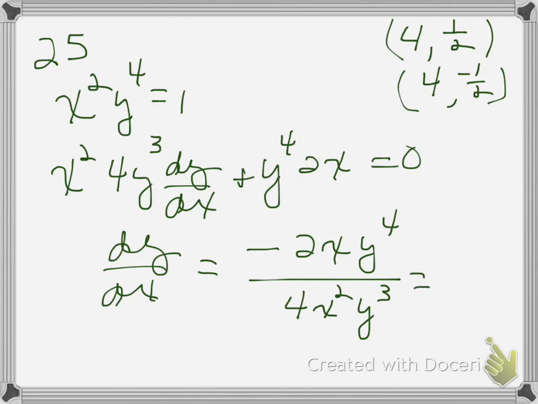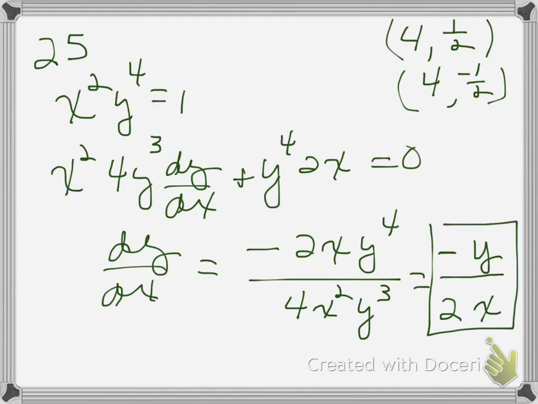Clearly I want to reduce that. So 2 and 4 ends up giving me a negative still on top, but only a 2 in the denominator. I get a single x in the denominator and a single y in the numerator. So here is my slope equation. So let's copy that over to the next page because I'm going to have to work with that.